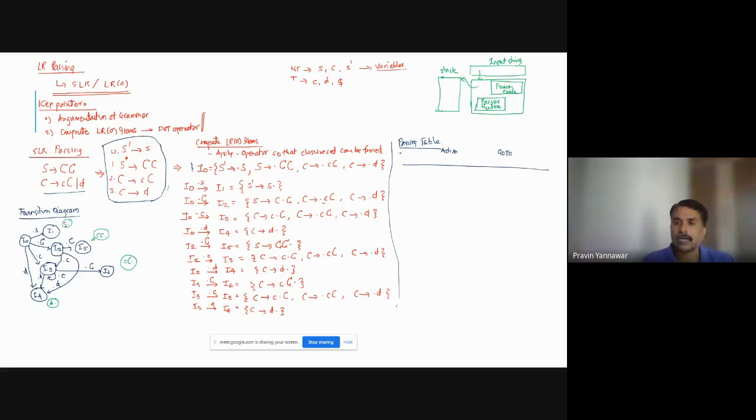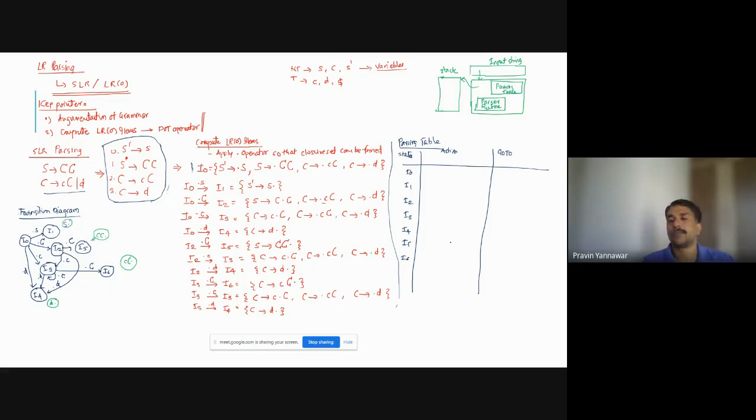Then there are states. How many states are there? I0 to I6, so we have seven states in total: I0, I1, I2, I3, I4, I5, and I6.